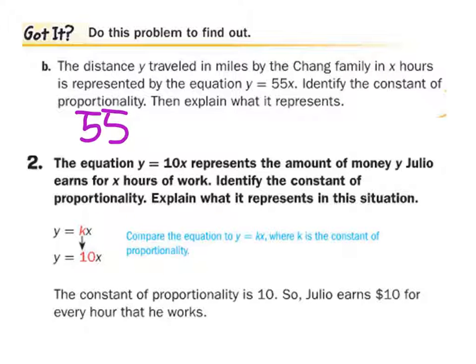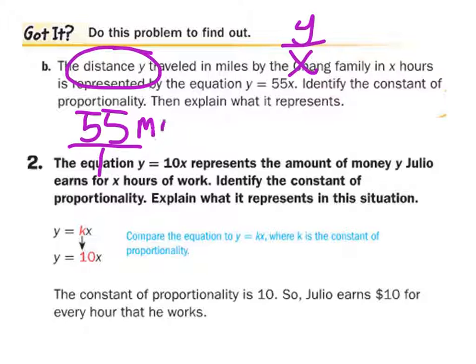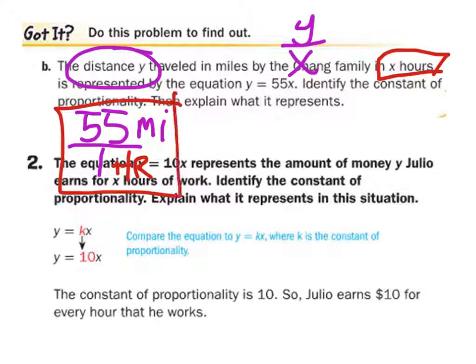So let's make that a fraction, 55 over 1. Take your distance, which is our y, because it's y over x. Y is represented by miles, distance traveled in miles, divided by the x, which is represented by hours. So miles per hour, there's a speed. That's our final answer.